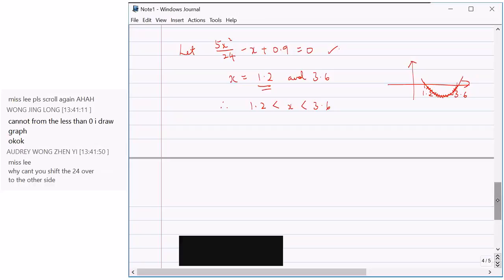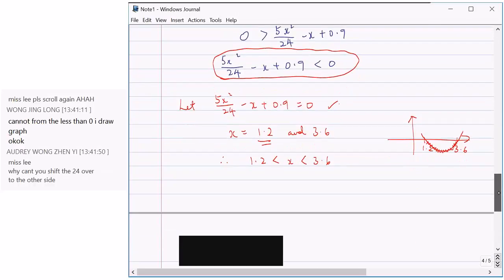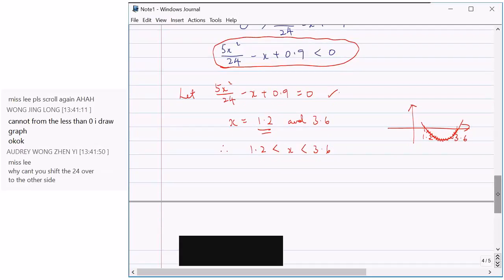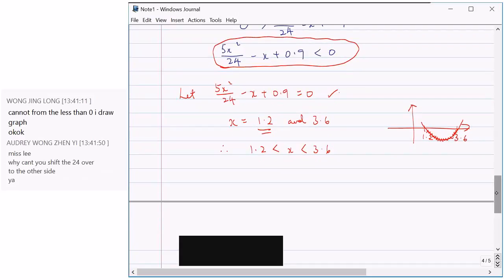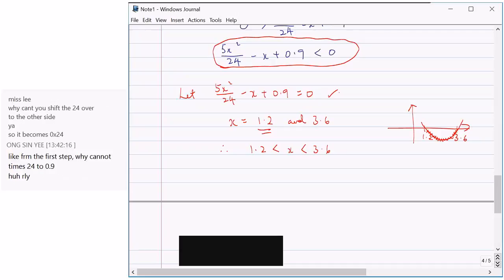Shift what 24 over? As in you times 24, is that what you're saying? Your answer will be exactly the same. 0 times 24 is still equal to 0. 0 times 24 is equal to what?